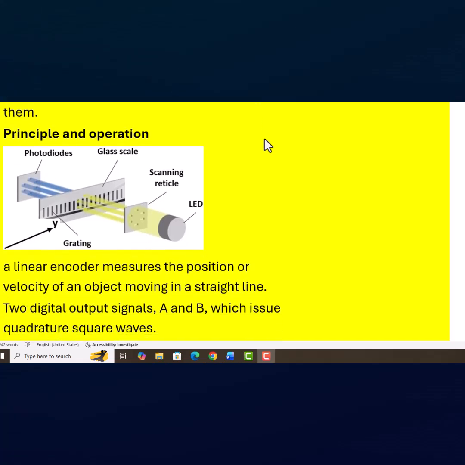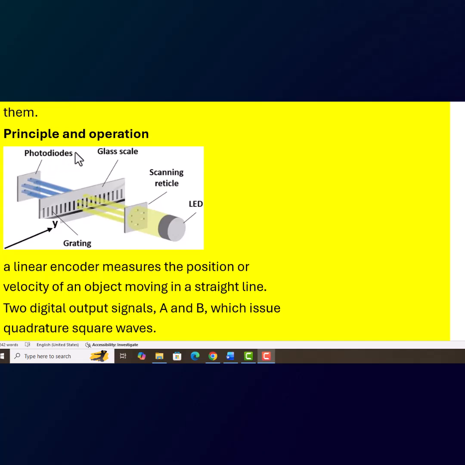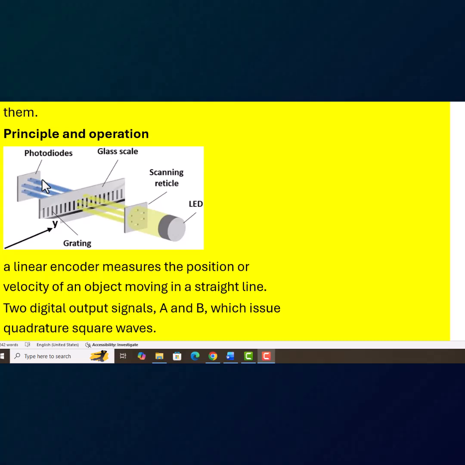The same thing that was explained is shown like this, and on one side there are photodiodes, and on this side the light source. Once this light goes through these transparent slits, it will fall over the photodiodes, and the photodiodes will glow, and those glowing diodes will produce the pulse.